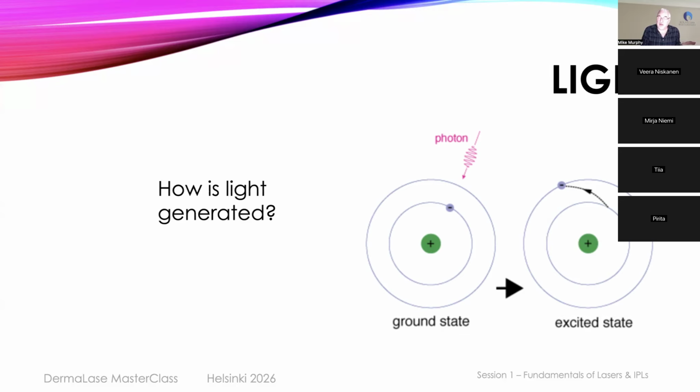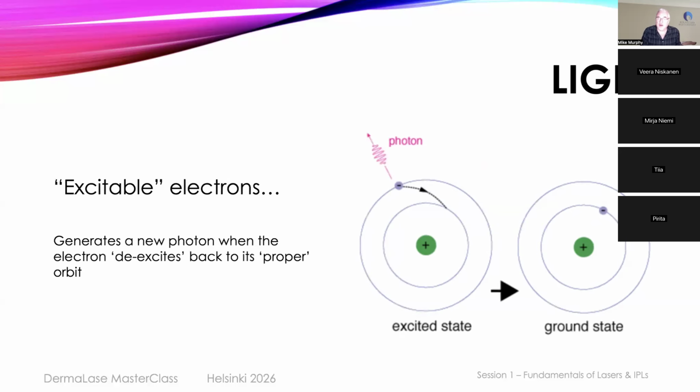But the thing is, they don't like sitting in that higher orbit for long. It's a very, very short duration. So they drop back down into their standard orbit, or what we call the ground state orbit. And as they drop back down, they emit a new photon with exactly the same energy that the old photon had. So this is the principle behind all light being generated.